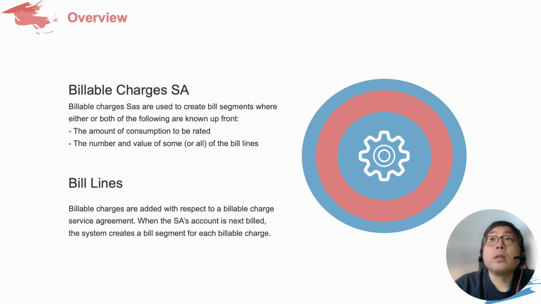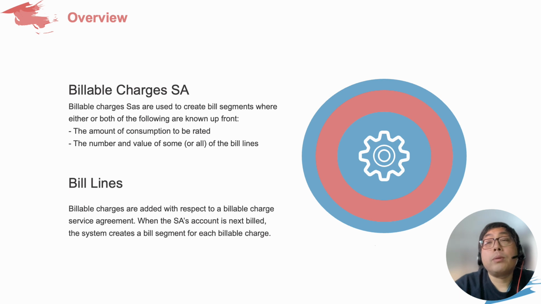Okay, so normally in this case you would already have a service agreement set up in the system, and that service agreement would have a billable charge role, and the billable charge being uploaded to the system would define the bill segment start date and end date. If it's monthly, maybe just give a date range, and then that will be derived during the bill calculation.